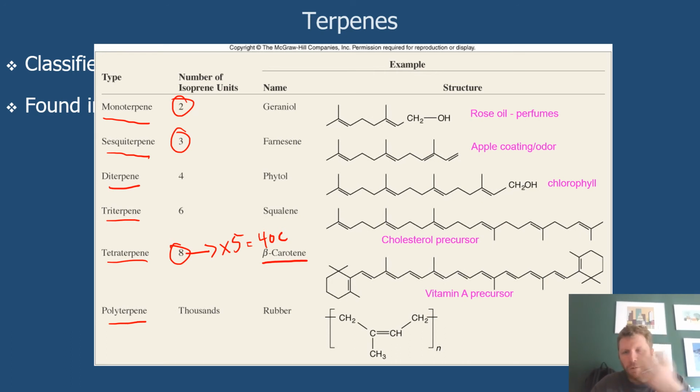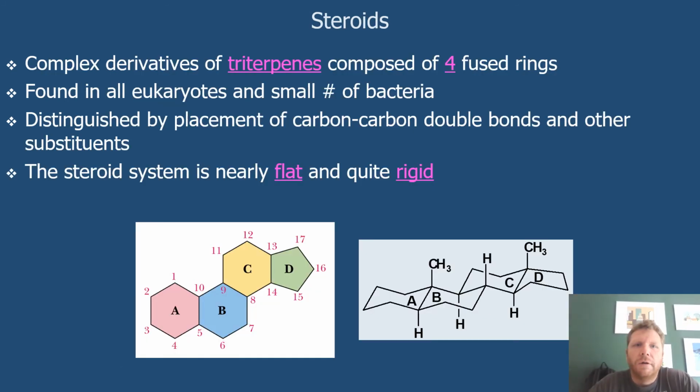Now, as you can see, the structures are all very similar to one another, but at some point they reach a junction where they're pretty drastically different. Now, steroids, also isoprenoids. These are complex derivatives of triterpenes.